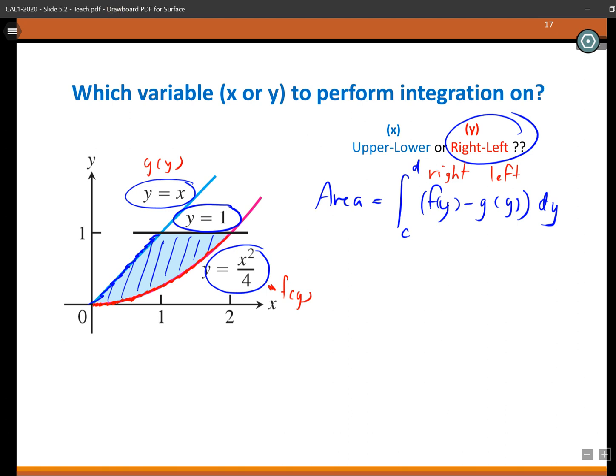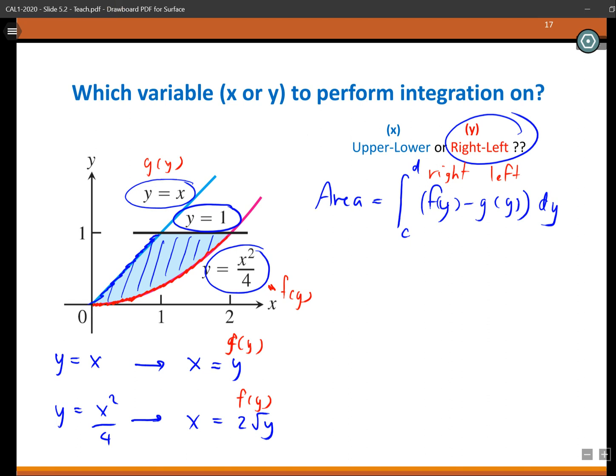So I need to do some switching of the variable. Y equal to x, y equal to x squared over 4. Need to switch this to become function of y. So this becomes x equal to y, and this becomes x equal to 2 square root of y. And this is, oh no, this is gy, and this one is on the right, so this is f of y.